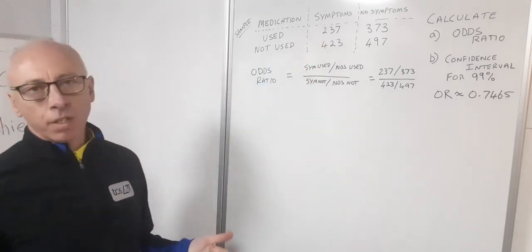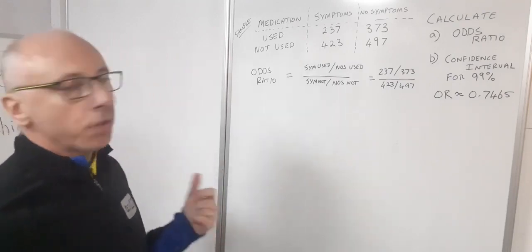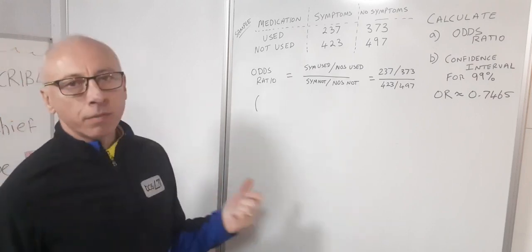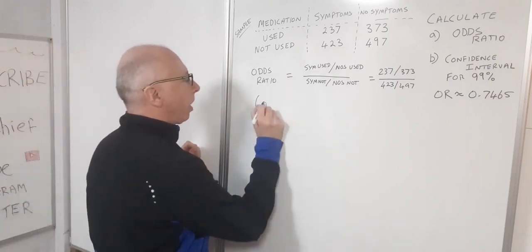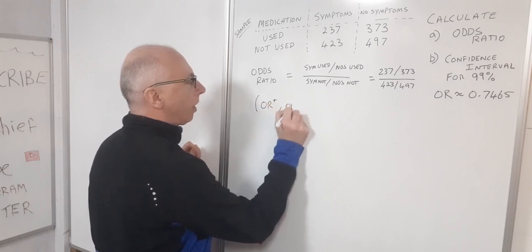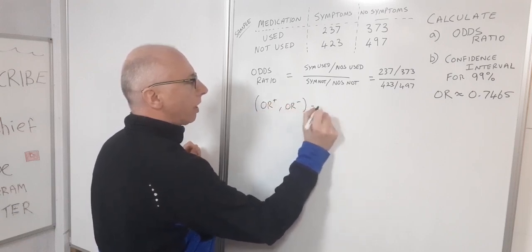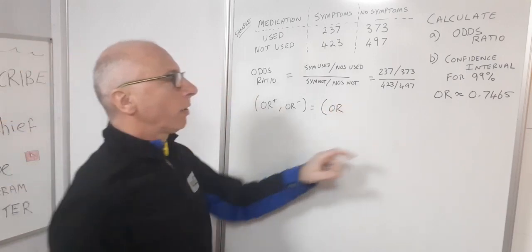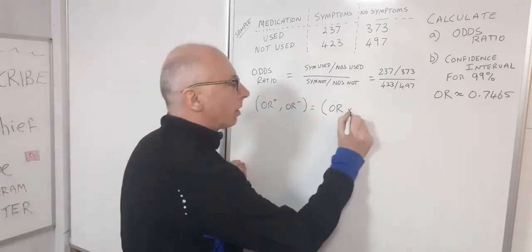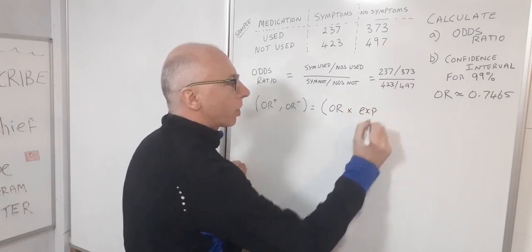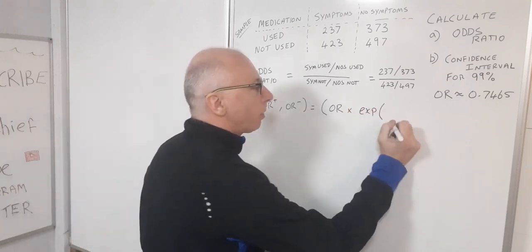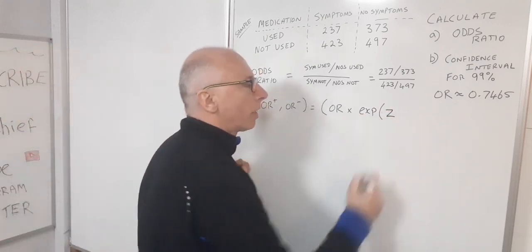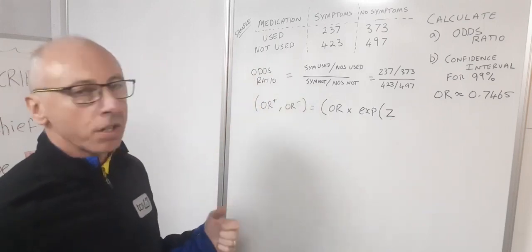Okay, now we want to find a confidence interval. So the confidence interval involves this formula. We basically need an upper and a lower boundary for an interval. That's what a confidence interval is all about. So our odds ratio upper value and our odds ratio lower value equals our odds ratio, which is our first port of call for our calculation, times the exponential function multiplied by our Z value from our quantile range, and also our standard error.